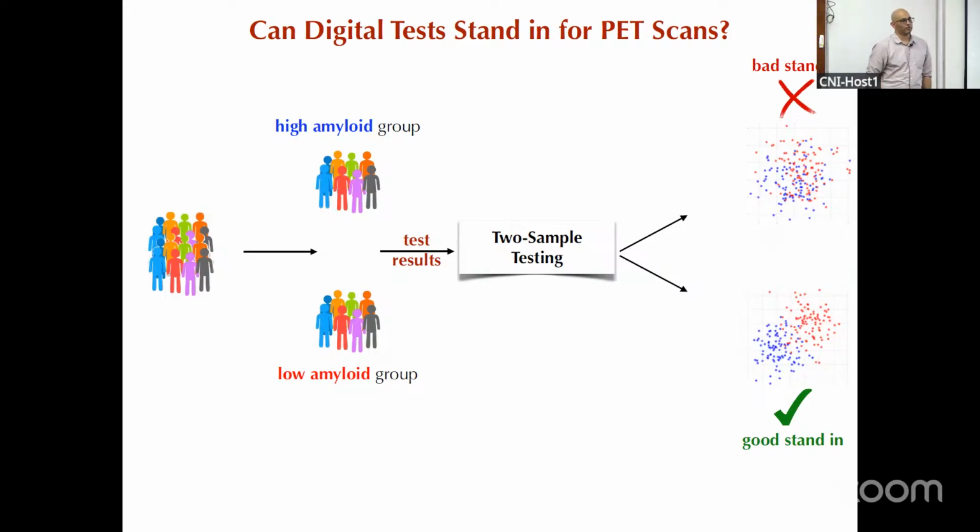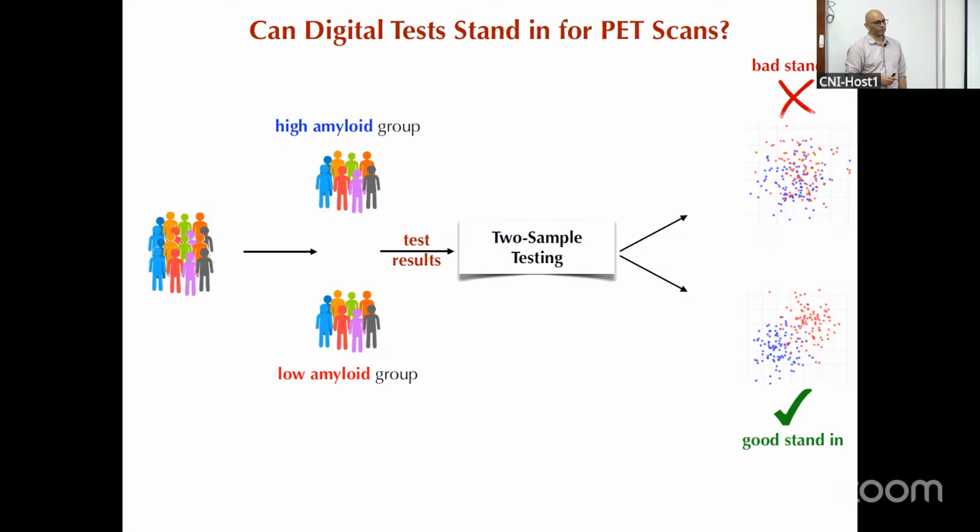What I mean is that just look at the distribution. If you just look at the distribution of the new digital test results, it might be separating people into two nice groups. But the individuals in these two groups may be a very different split of the population compared to the split of the high amyloid group and the low amyloid group.